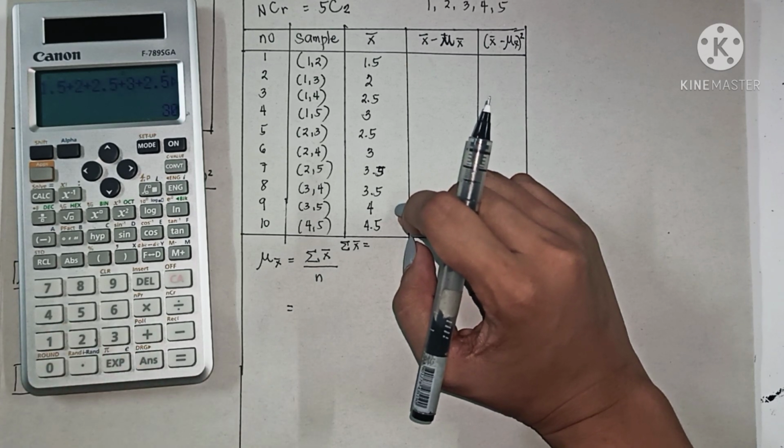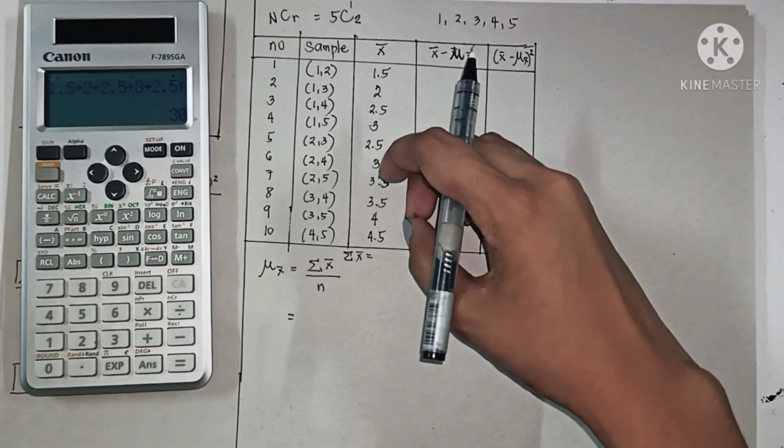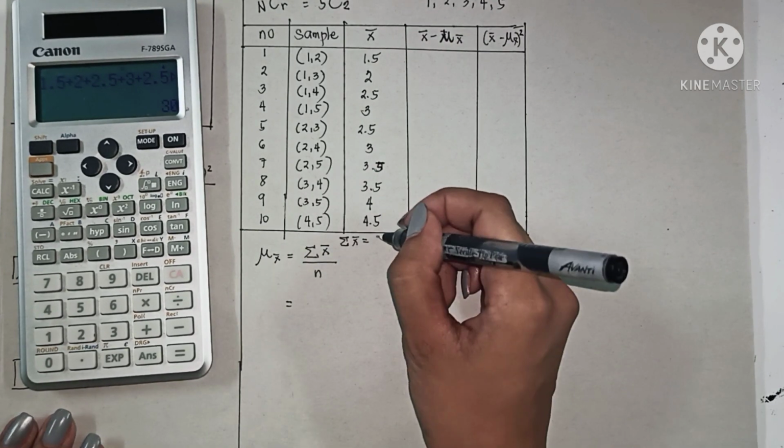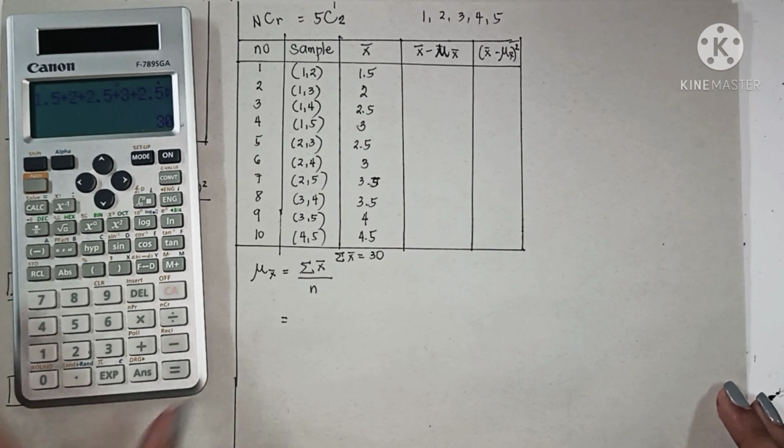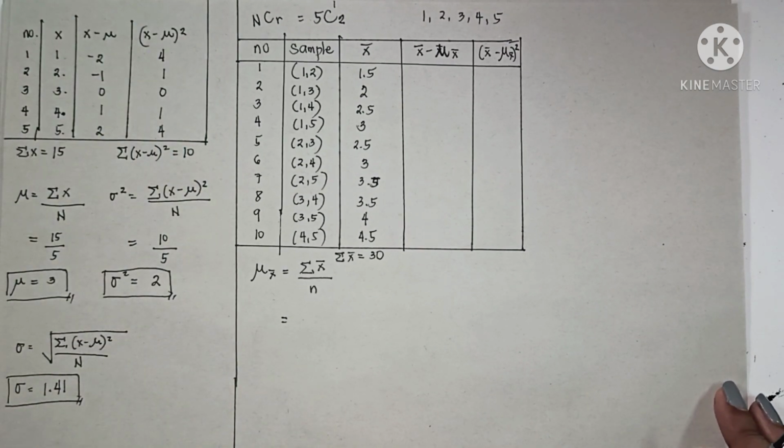Okay, and that is equal to 30. So, add lang po lahat and that is equal to 30. So, yung summation of x bar natin or summation of means is equal to 30.